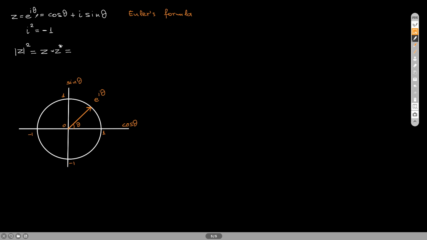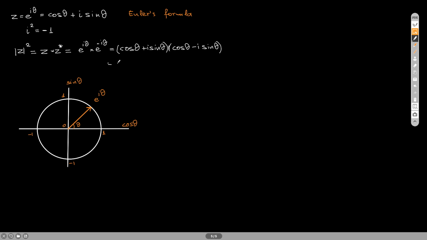What I mean with that: e to the i theta times e to the minus i theta, or using cosine and sine, I will have cosine of theta plus i sine theta times cosine theta minus i sine theta. Okay, so what I mean with conjugate here, with this symbol, the star, is that wherever you see i, change the sign in front of the i.